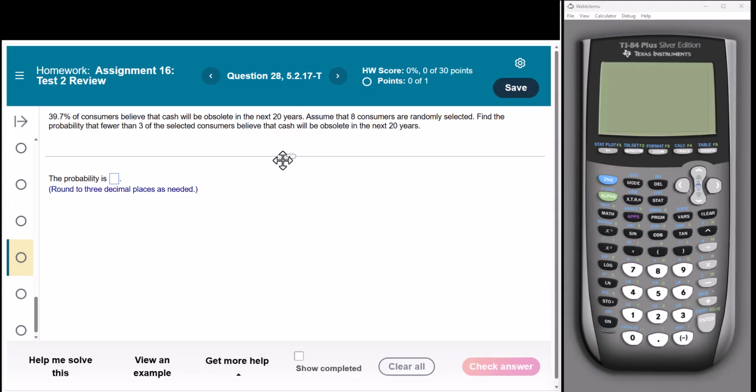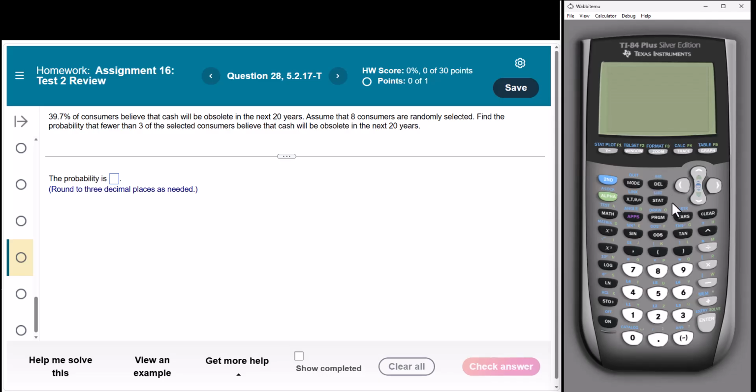Let's go over to our handy-dandy TI-84 calculator. In order to get access to the binomial distribution function on the calculator, follow these steps. I want you to keep in mind that a lot of times there's always more than one way to do some of these things, but this is my way of doing it. If you have another way, that's perfectly fine with me.